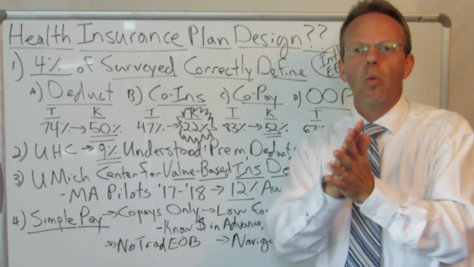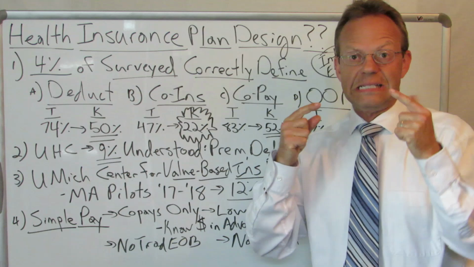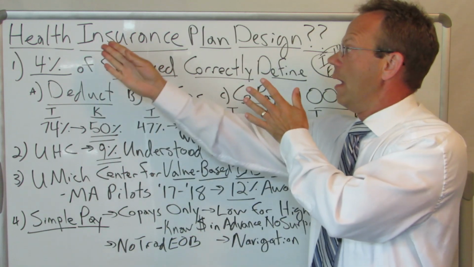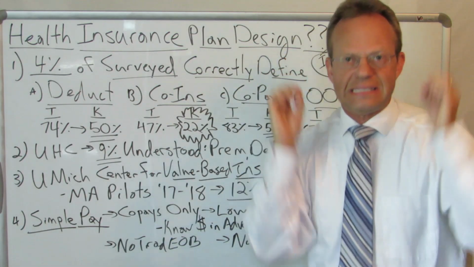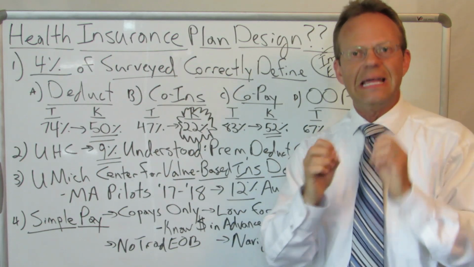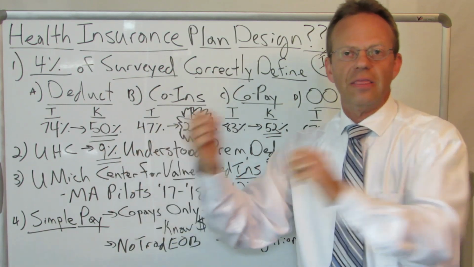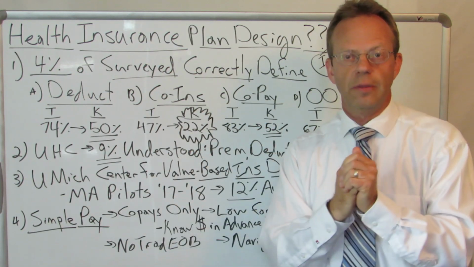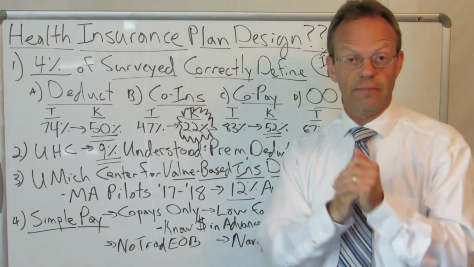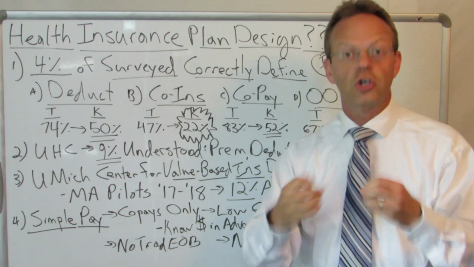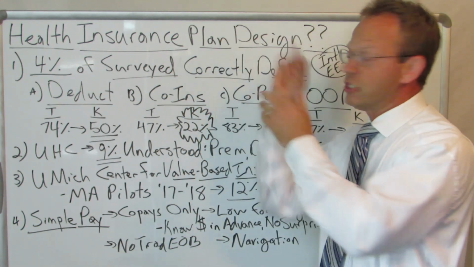So, what's my point? My point is that there is a tremendous opportunity for plan design simplification. This is not, in my opinion, an education issue. It's like there's only a certain percentage of the population that's going to be able to understand quantum physics, and there's only a certain percentage of the population that's going to be able to understand insurance plan design.